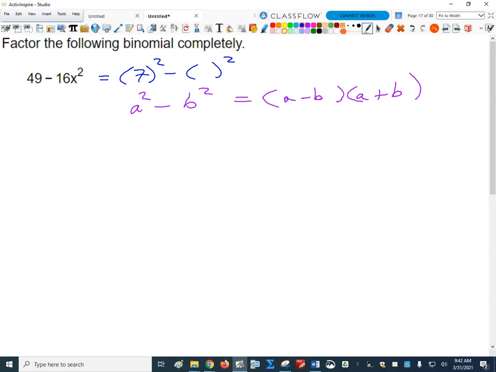Okay, but what about that one? 16x squared is what times itself? 4x, right? Because I've got to get the number 16 out of it, and I've got to get an x squared. So I'm going to square both parts of that. Does that make sense?